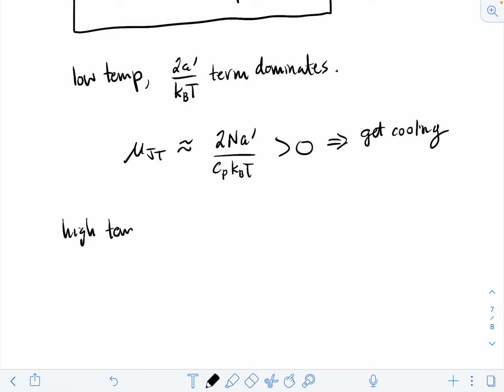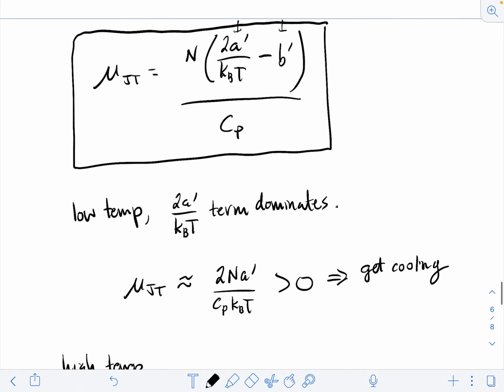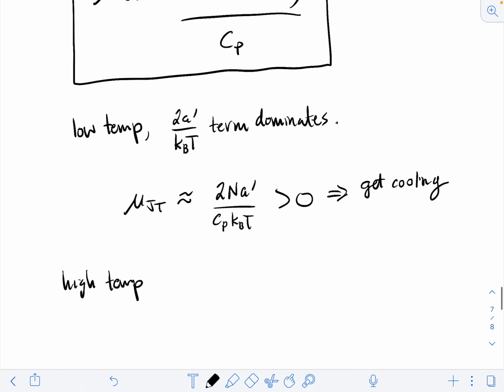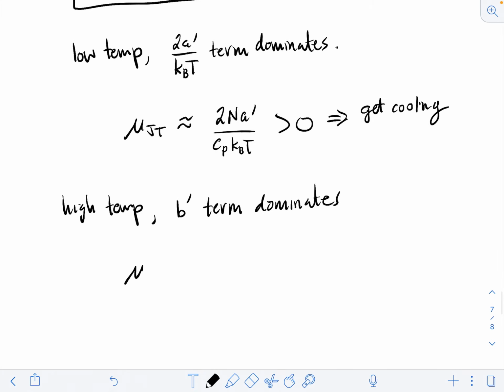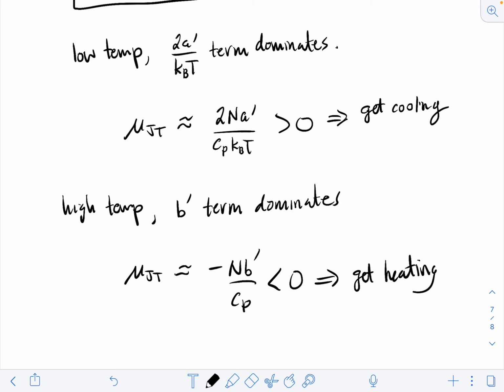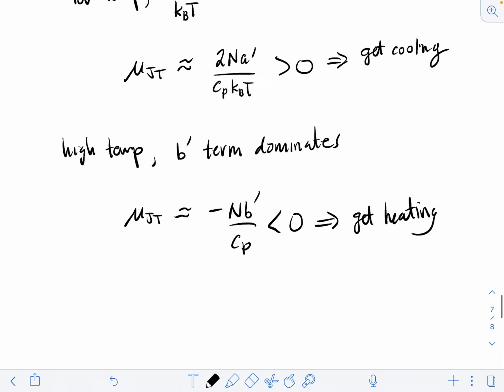At a high temperature, because we're dividing by a large T, the B prime term dominates. And we get our Joule-Thomson coefficient is approximately minus NB prime over C_P, which is, of course, negative, and we get heating.